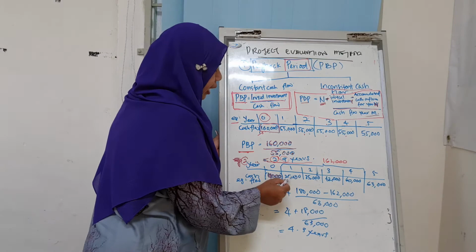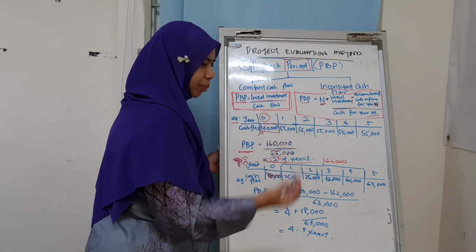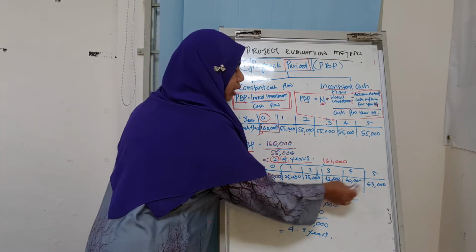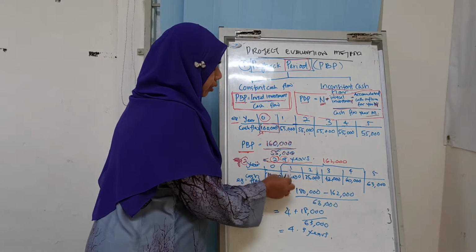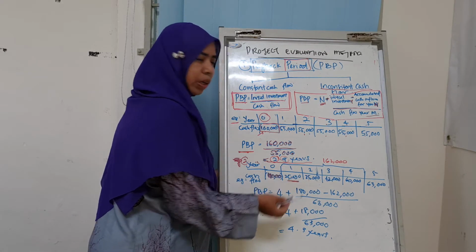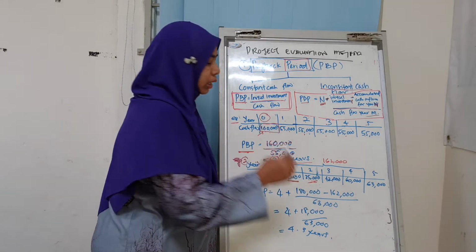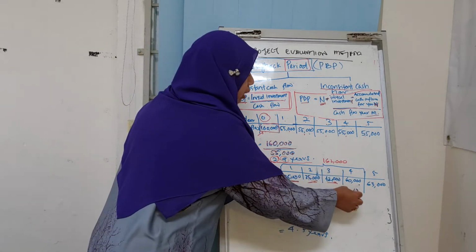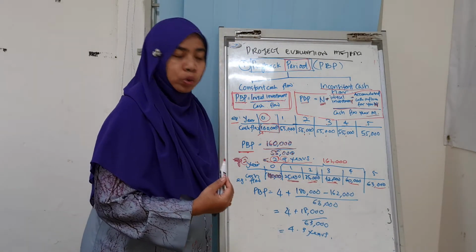Every year dia masukkan cash flow dalam project, a different cash flow. For example, the first year is 25,000, the second year is 35,000, the third year is 42,000, the fourth year is 60,000, the fifth year is 63,000.